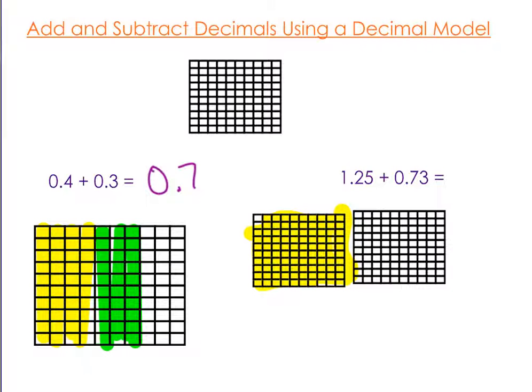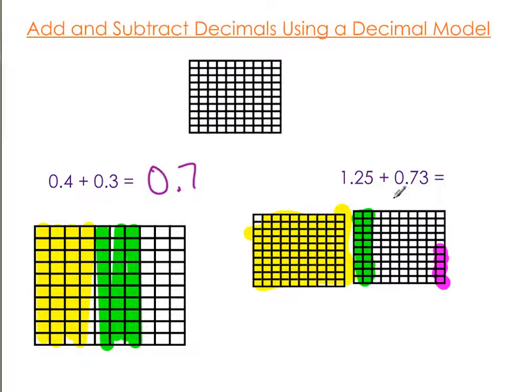Now we have in the next one 2/10, so we're going to color 2 rows to represent 2/10. Whoops, why is that not coloring? 2/10. Okay, and then 5/100, so I'm going to need 5 squares. I'm going to do those pink. 2, 3, 4, 5.